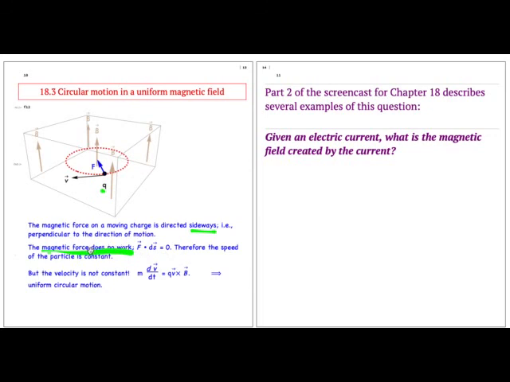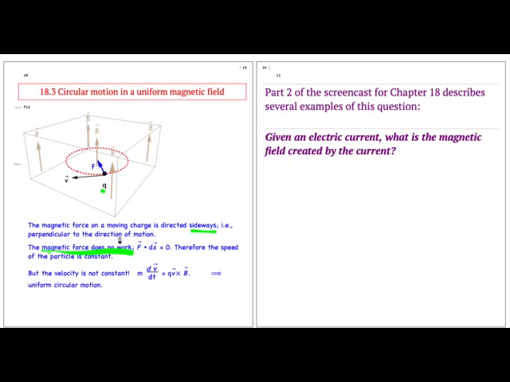And you remember from mechanics, the work done is the change in kinetic energy, related to the change in speed. Well, there's no work done. So the speed of the particle is constant. Of course, the velocity is not constant. The velocity is changing in the direction of the force, qv cross b.